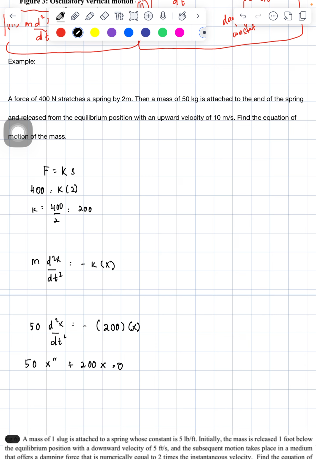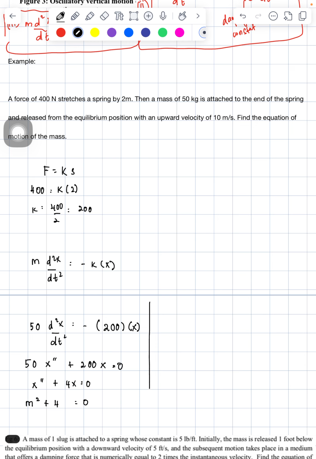So we can simplify this. We have x double prime plus 4x equals 0. Okay, from this second order differential equation, we can transform into the auxiliary equation. m square plus 4, since here it is x, not x prime. So m square plus 4 equals 0.